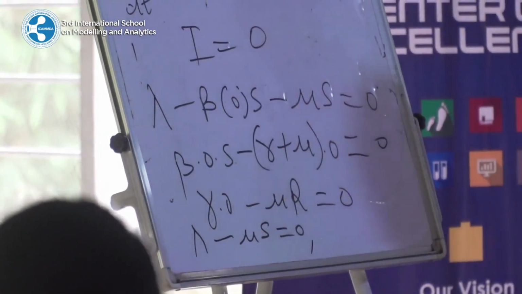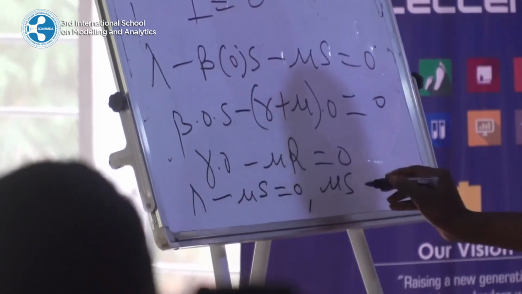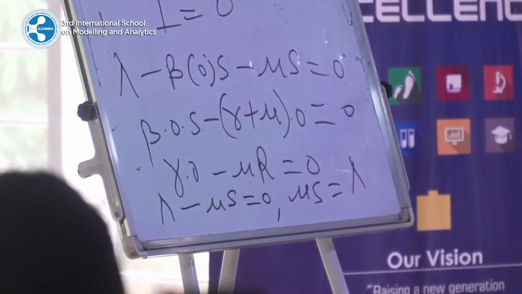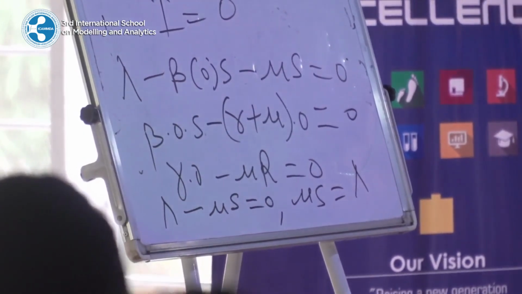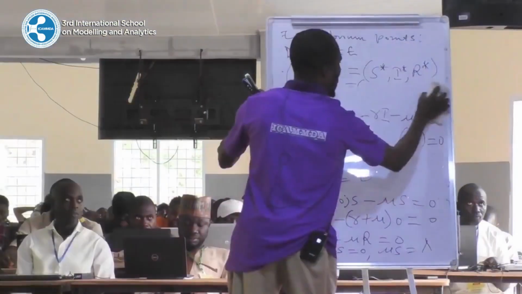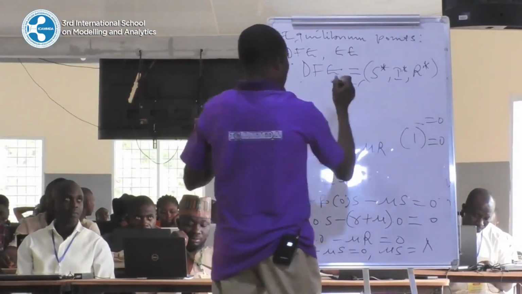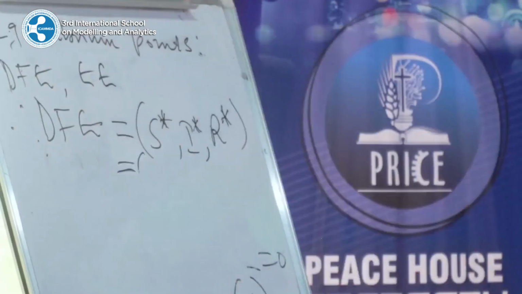I'm looking for S. And at steady state, we have that mu S is equals to lambda. So if I make S the subject of the formula, I will get lambda over mu, and consequently, it will mean that disease-free equilibrium, which part?